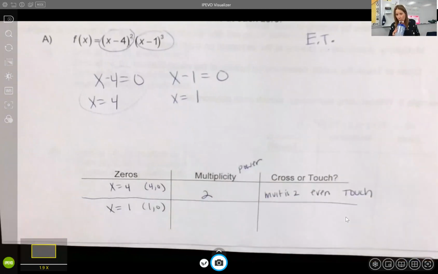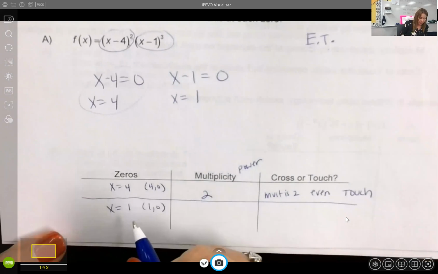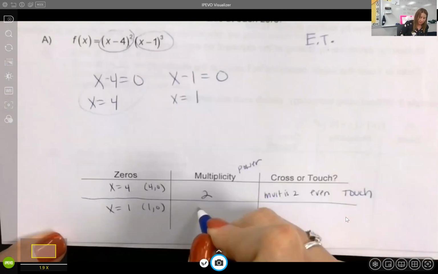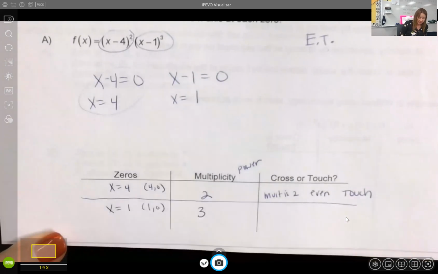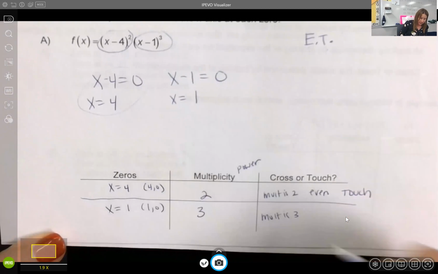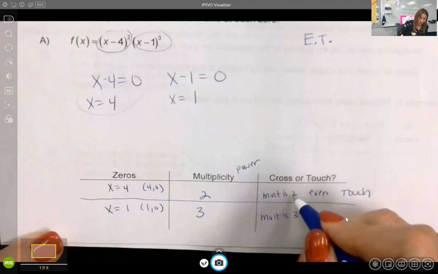Okay? All right. So then moving down here to the 1, the x equals 1 had a 3 as the power. So the multiplicity is 3. Okay, and that is an even touches, so odd crosses.